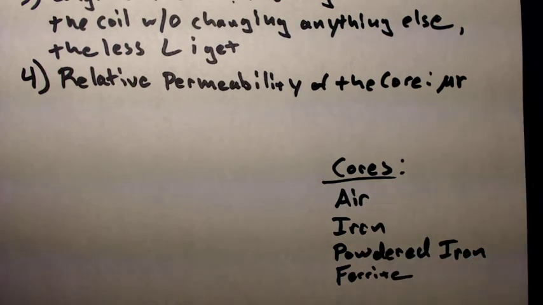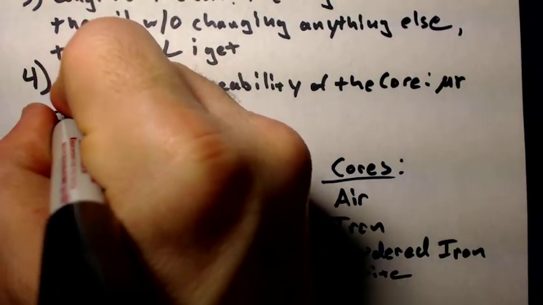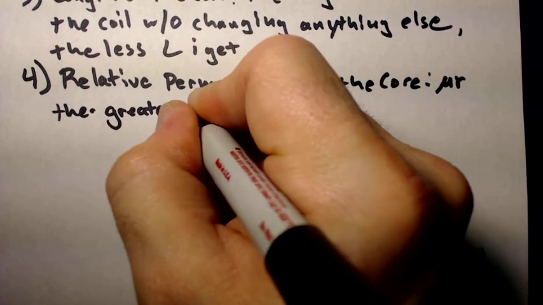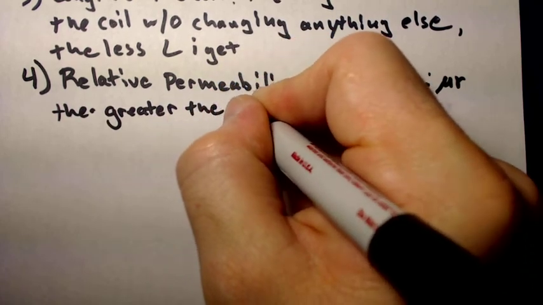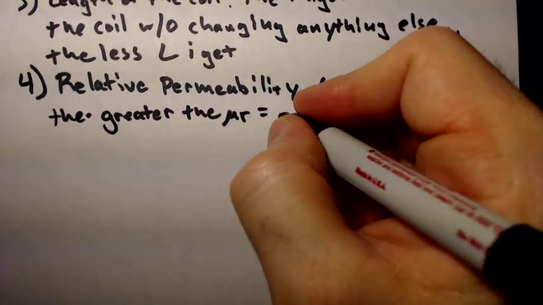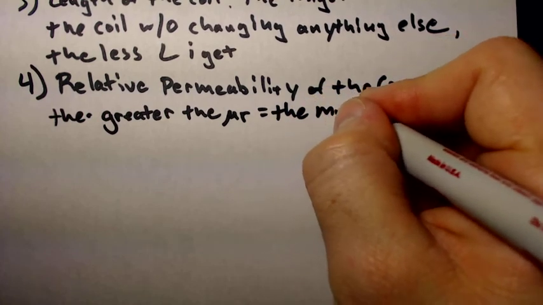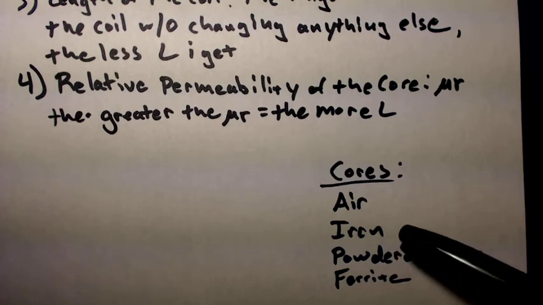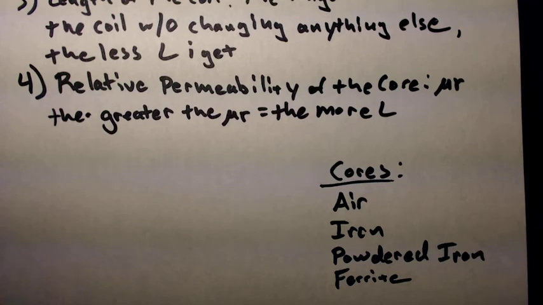Air has a lower mu sub r. So I can go ahead and say the greater the mu sub r, the more inductance I get. Okay, because I have more of an ability to concentrate magnetic fields with something like iron than I do with air.